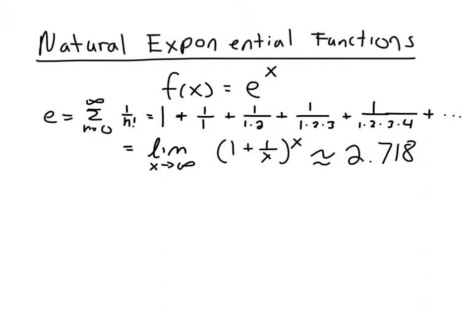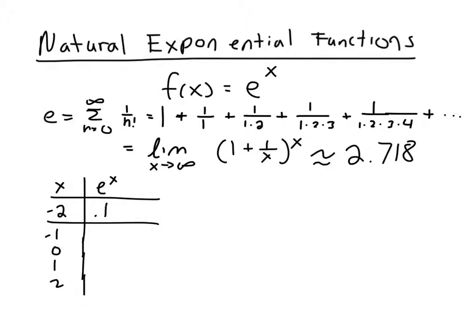So let's talk a little bit about what its graph looks like. To do this, I'm going to plug in a few points into my calculator: -2, -1, 0, 1, and 2. When you plug in -2, you get approximately 0.14. You can go ahead and use your calculator to check this.